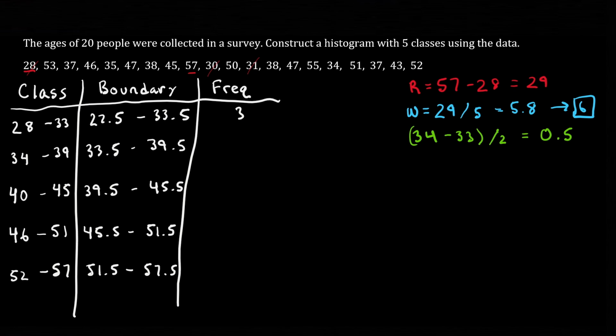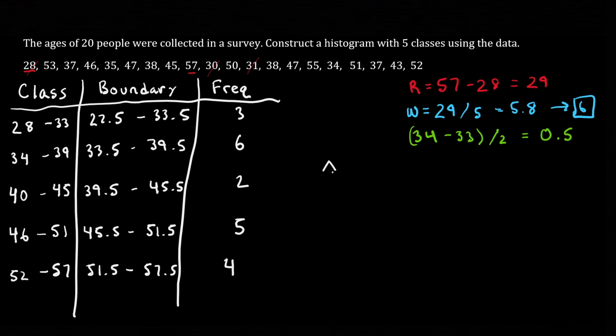Doing this carefully for each class, we find there are 6 values between 34 and 39, 2 values between 40 and 45, 5 values between 46 and 51, 4 values between 52 and 57. Okay, great. Now that we've constructed our frequency table, let's use this to create our histogram.